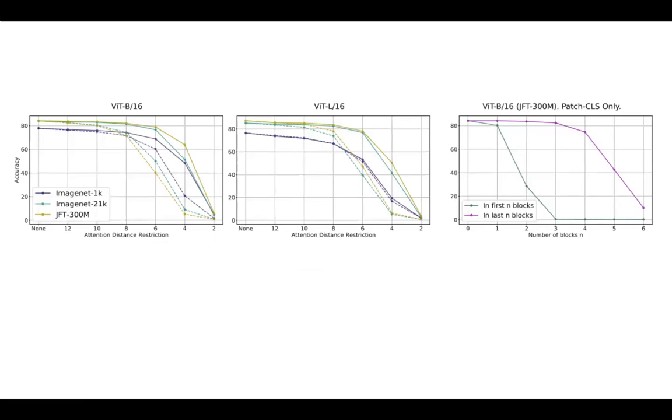As we restrict attention to fewer and fewer distances from the representation vector, we see a strong drop in the performance. There's one more thing to notice here, which I forgot to tell you, which is that we cannot restrict the attention of the CLS token itself.